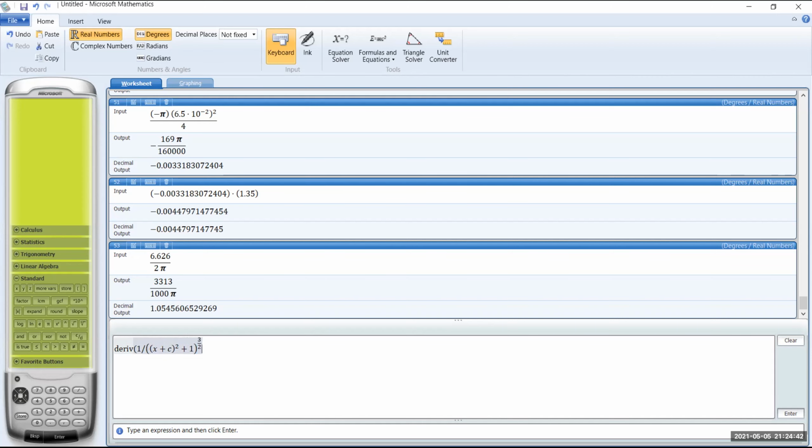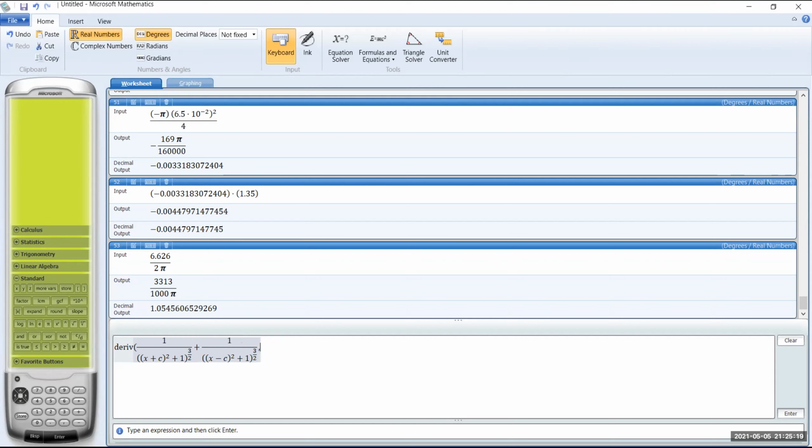plus 1 over, same thing in here, open parentheses, open another parentheses, x minus c, the whole thing to the power 2, plus 1 to the power 2, which is just 1, to the power 3/2.